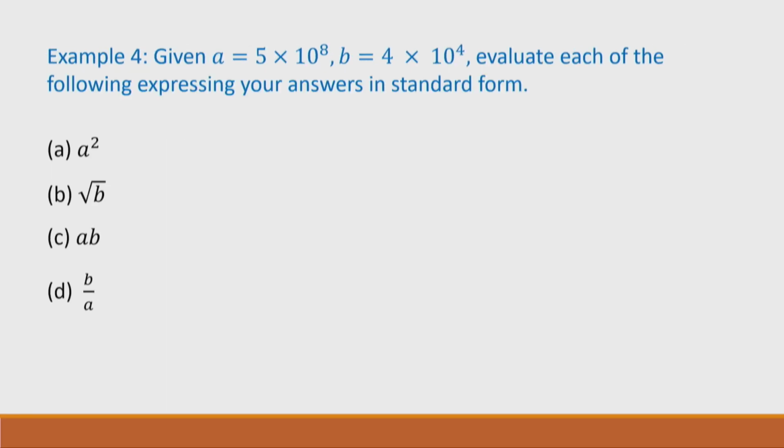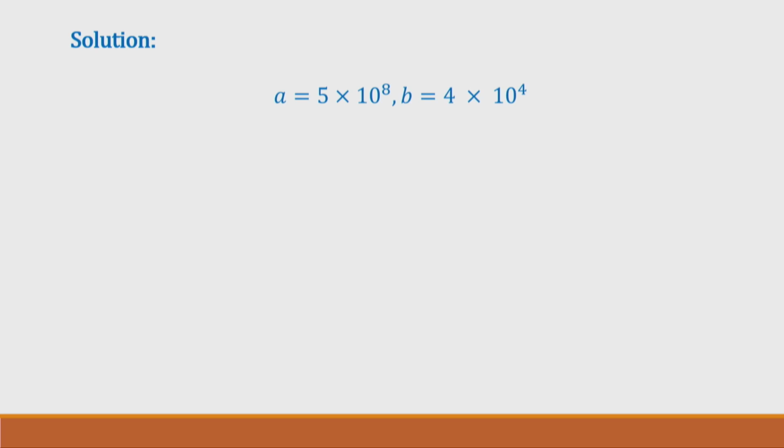Example 4. Given A equal to 5 times 10 power 8, B equal to 4 times 10 power 4, evaluate each of the following, expressing your answers in standard form. So let us have a look at the solution. We have been given the values of A and B. First part, I need to find A squared. So I replace A by 5 times 10 to the power of 8, the whole to the power of 2.